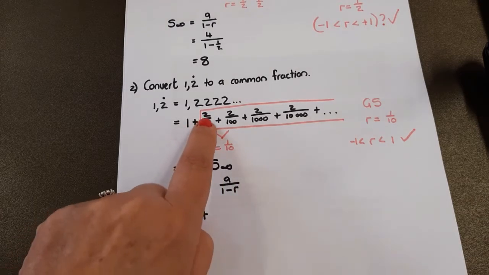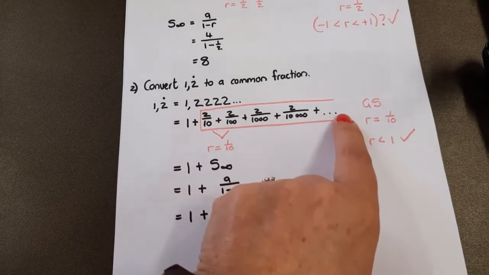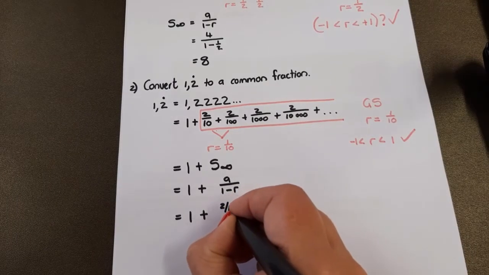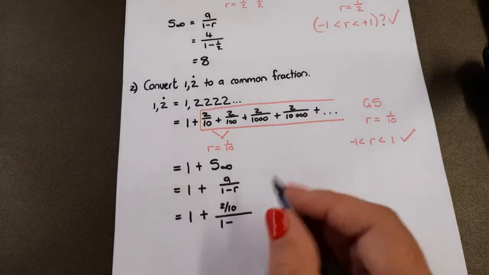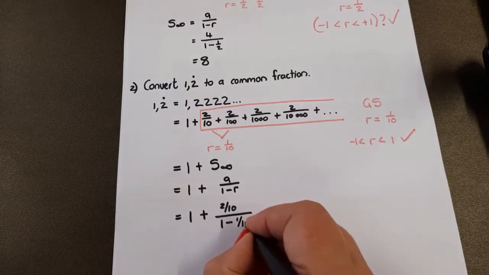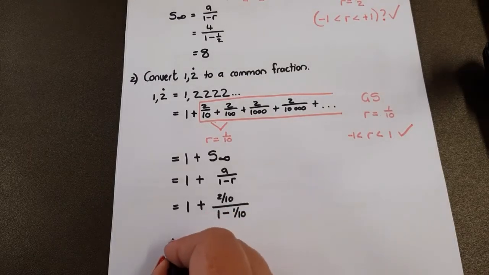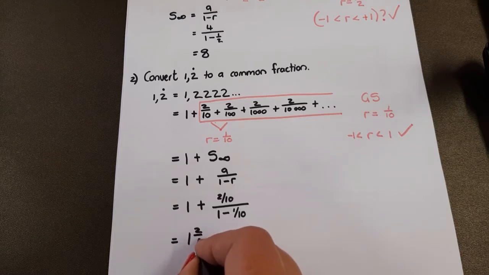A is the first term of our series. So it's 2 over 10. Divide by 1 minus r is 1 over 10. And if you type that into your calculator, you will get an answer of 1 and 2 ninths.